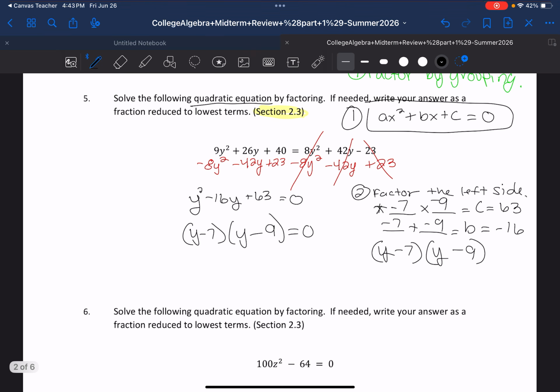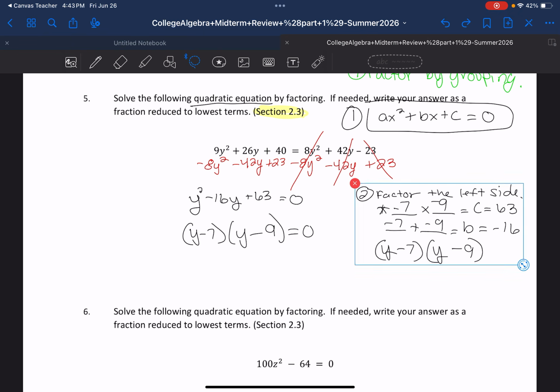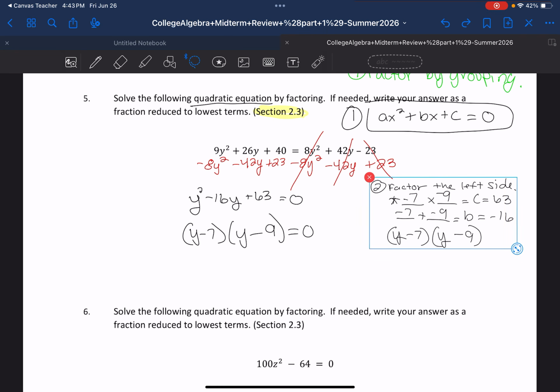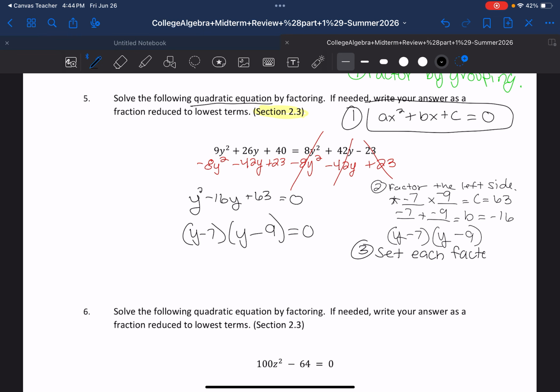Okay, so now this is factored completely, but what we're trying to do is actually solve this equation. So I need to now set each factor equal to 0 and solve for y.